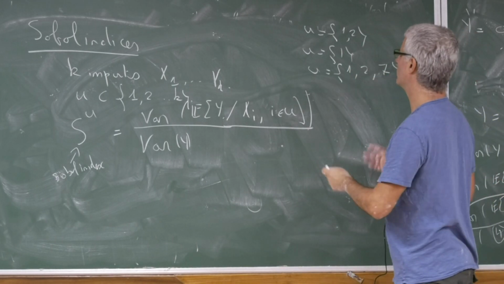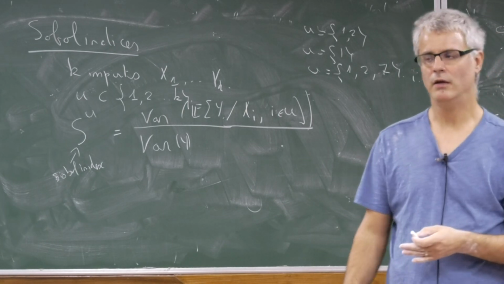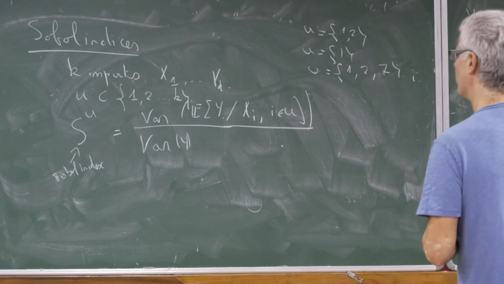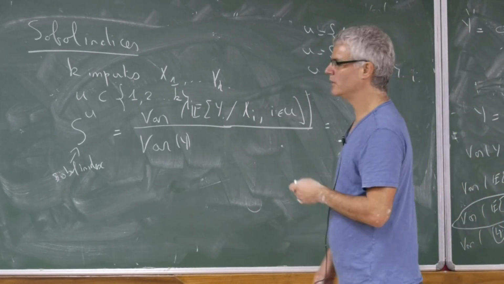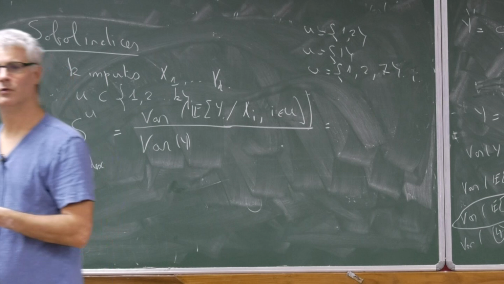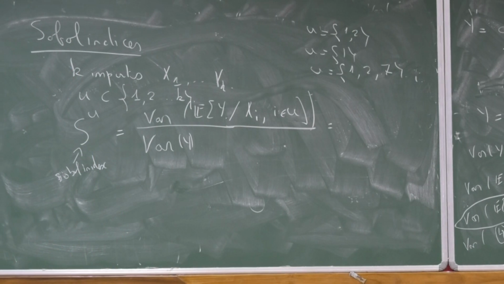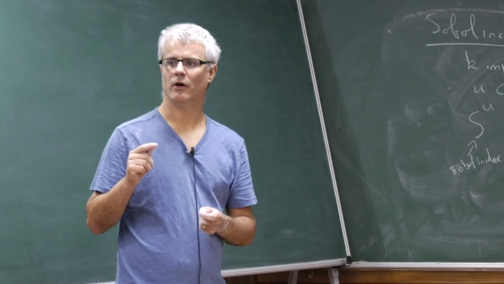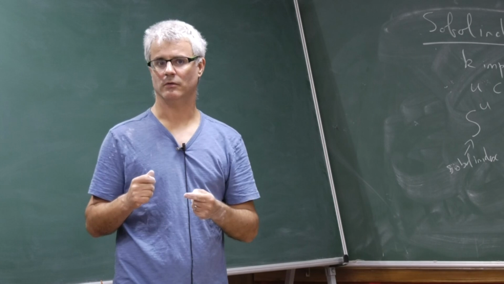That would be a subset of 1 to k. Divided by the variance of y. So the index S_U gives you the influence of the variables you put in U on the output y, but with no interaction with the variables that are not in U.